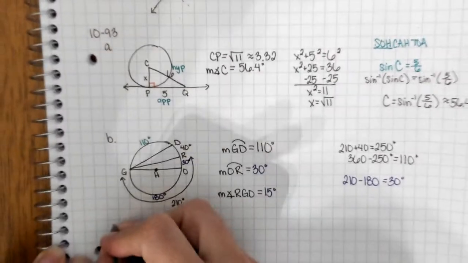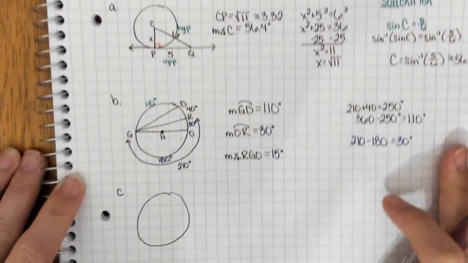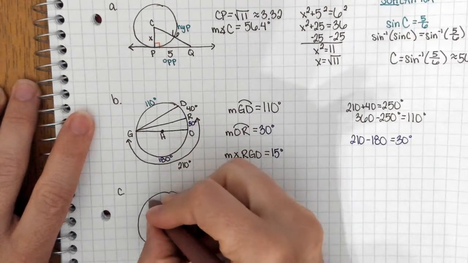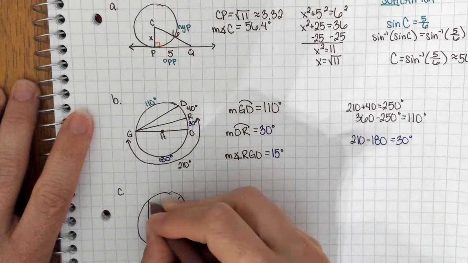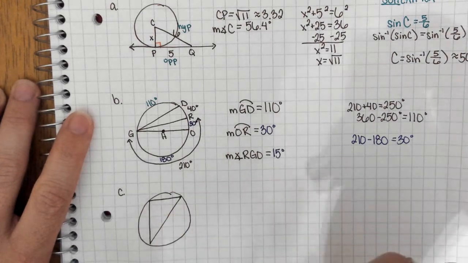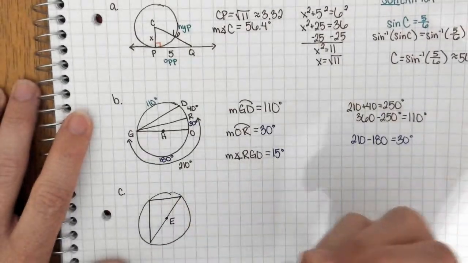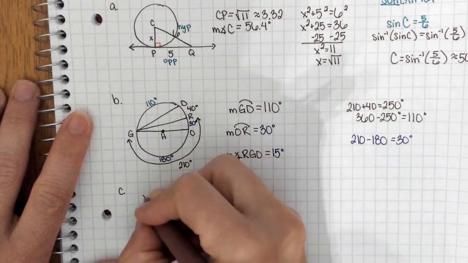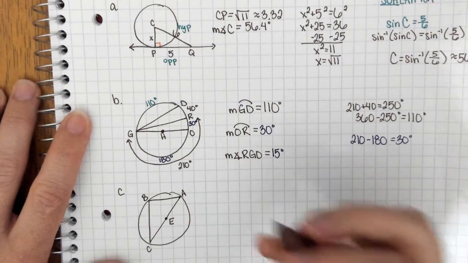And lastly here, part C, we have, looks kind of like this, point E, A, B, C. It tells you AC is a diameter.